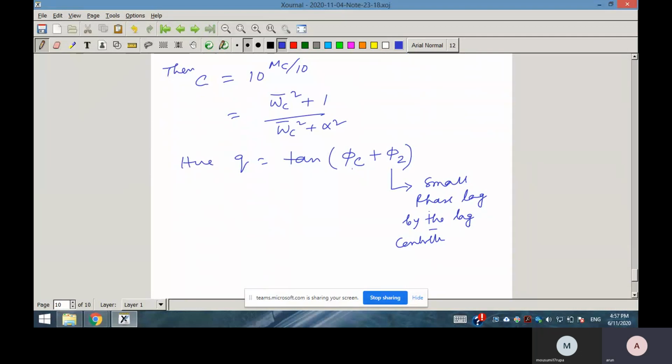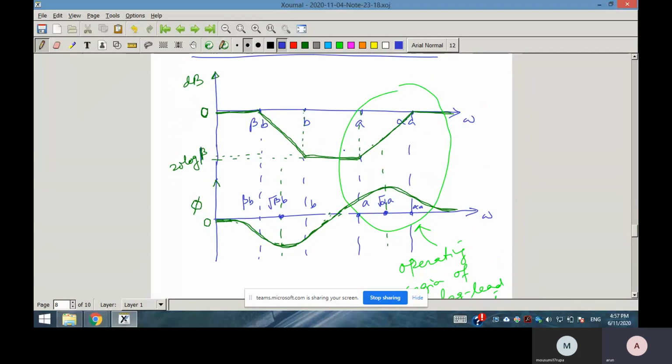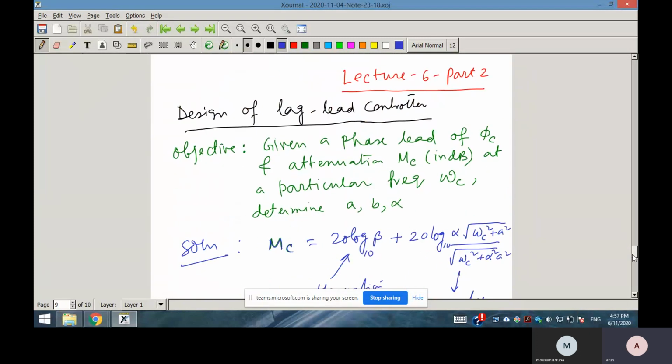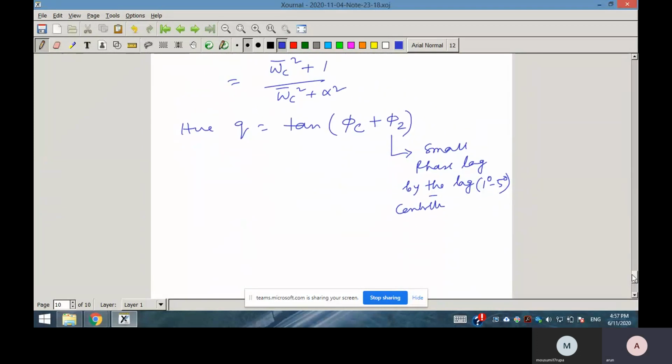So the lag controller's additional phase lag is here 1 degree to approximately 5 degree, because this frequency range is away from this small part, so away from B. So the phase lag will be very small, but still you cannot neglect it totally. So we have to consider in between 1 to 2 degree, and then make the calculations.